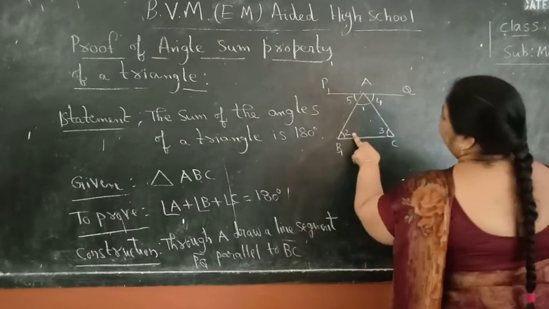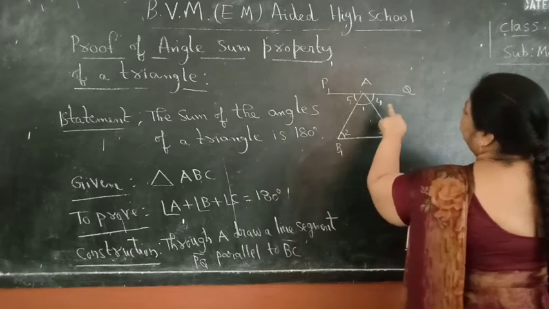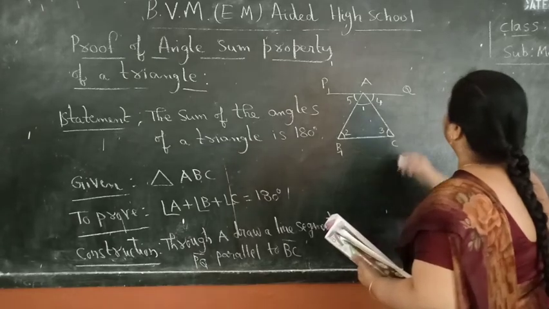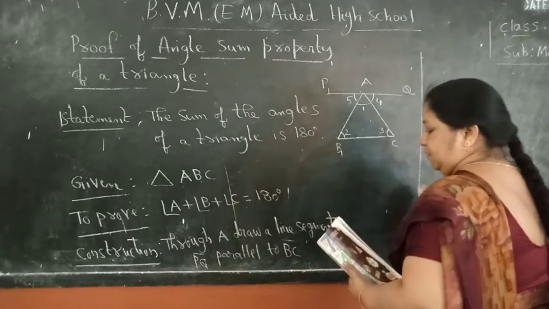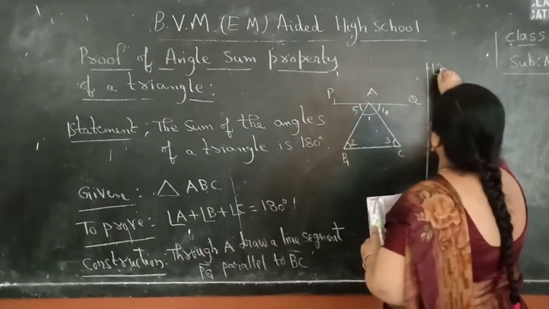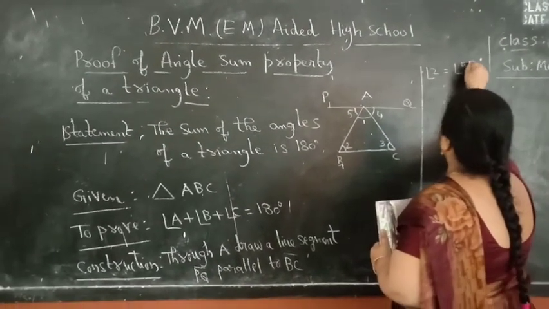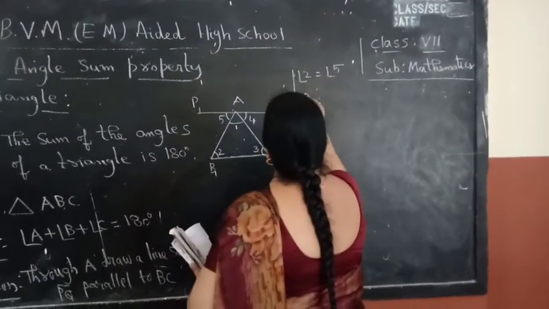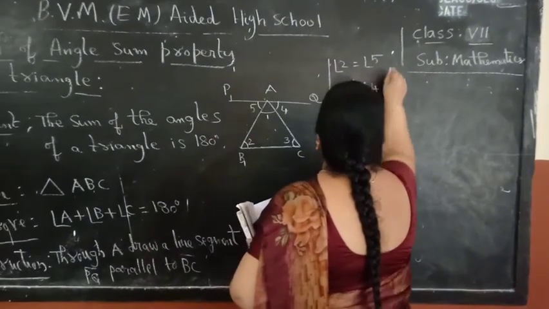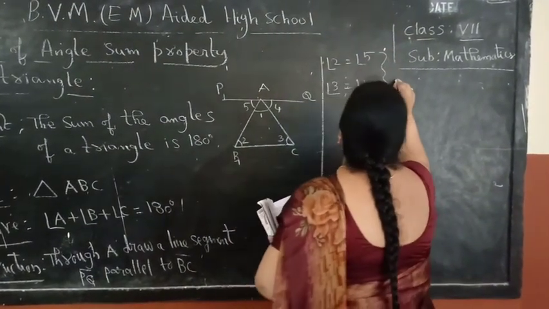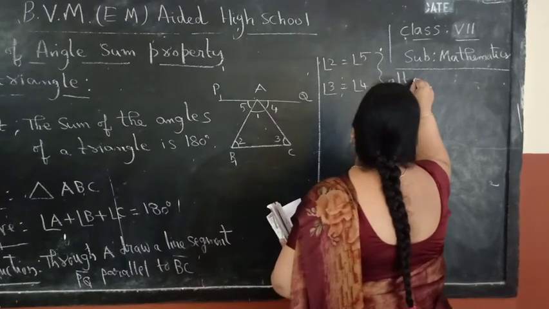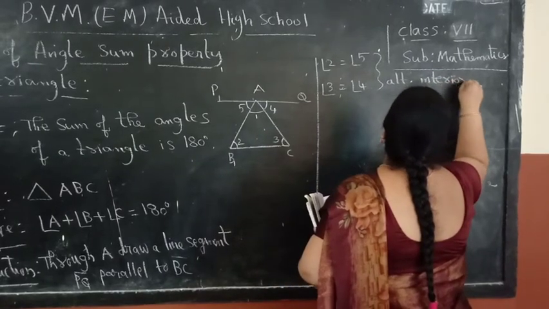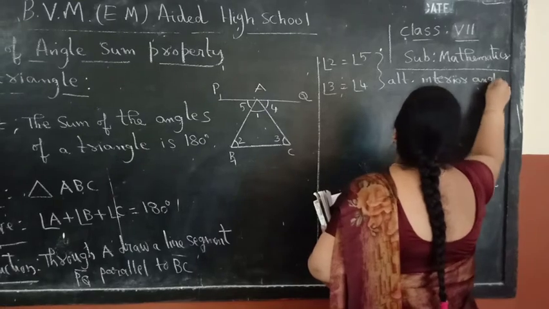So angle 2 equal to angle 5, angle 3 equal to angle 4. These are alternate interior angles.